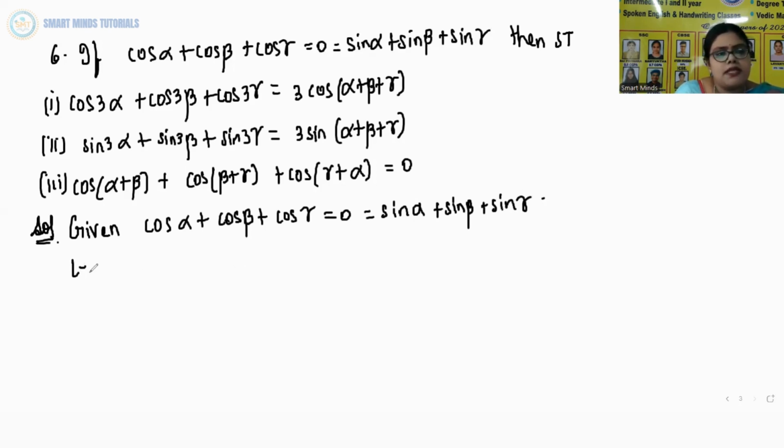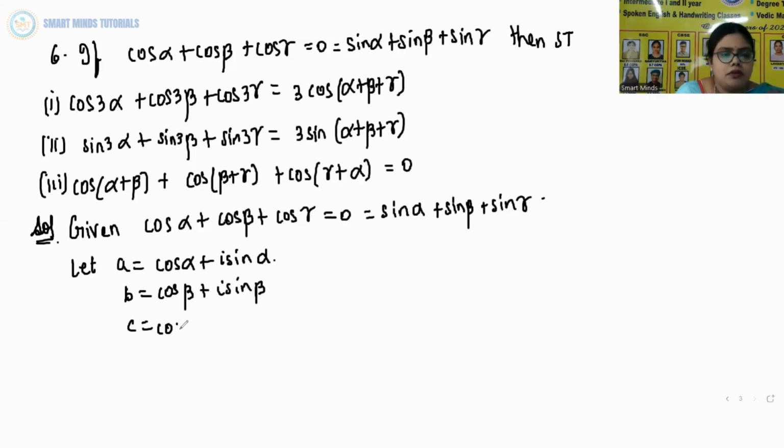Now let us say A is equal to cos alpha plus i sin alpha, B is equal to cos beta plus i sin beta, C is equal to cos gamma plus i sin gamma.